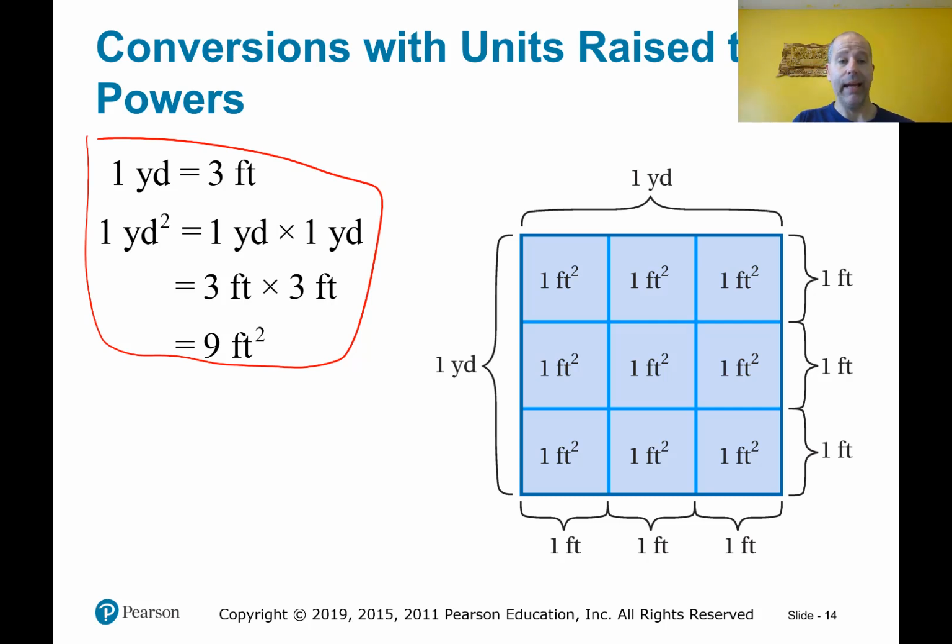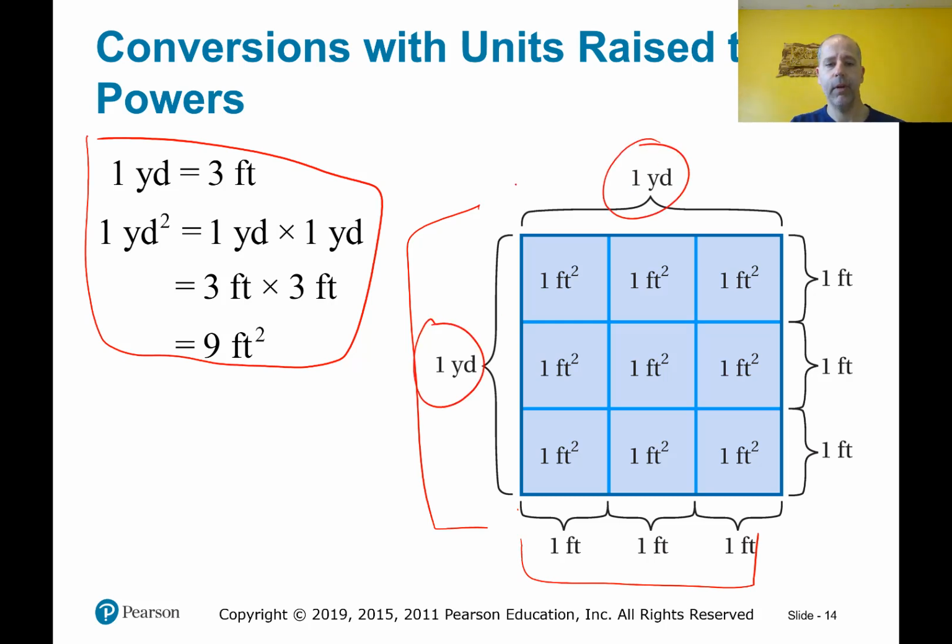And so again, a square yard, remember, a square yard is a measurement of area. So if you look, we've got 3 feet on this side and 3 feet on this side. So this is 1 yard by 1 yard, or it's 3 feet on this side and 3 feet on this side.